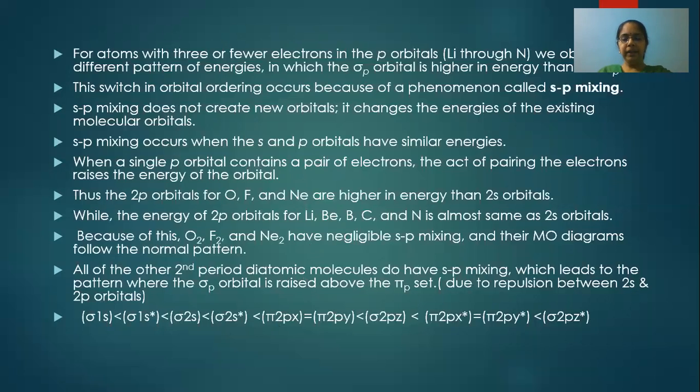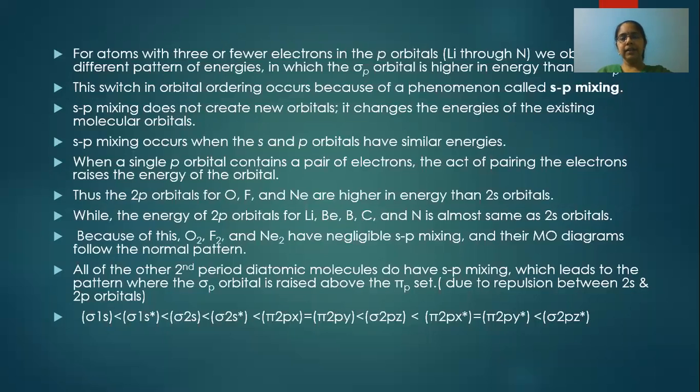That means mainly the atoms with less than 3 electrons in the p orbital. The atoms that contain less than 3 electrons in the p orbital show a different pattern of energy order in the molecular orbitals.